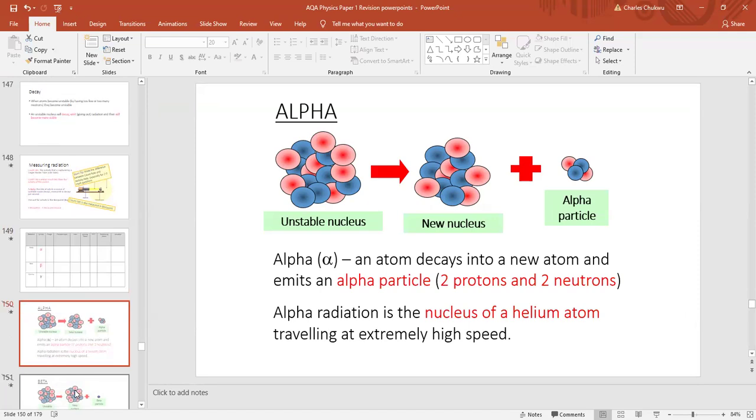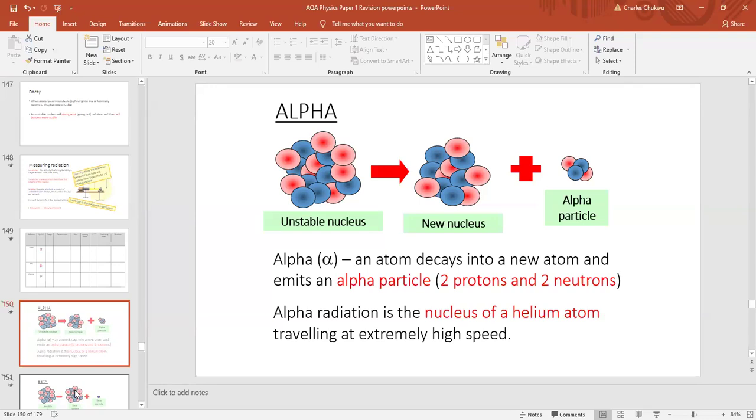You have an unstable nucleus that has a lot of neutrons, okay? It has neutrons and protons. So how is alpha radiation created? Alpha radiation is created when alpha particles get radiated out of the nucleus.